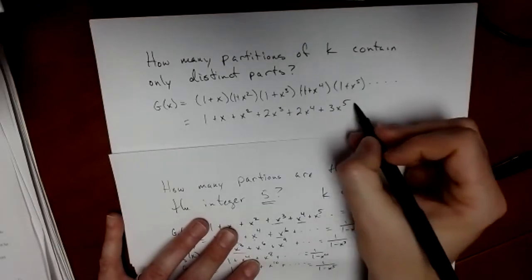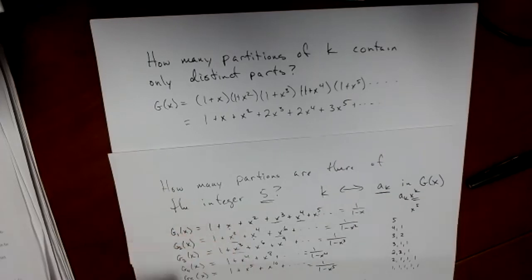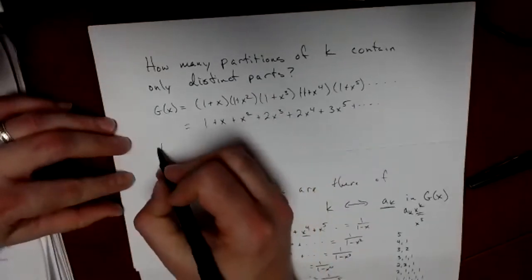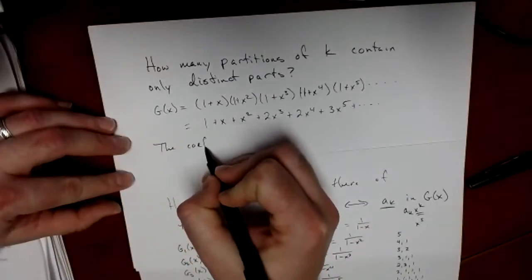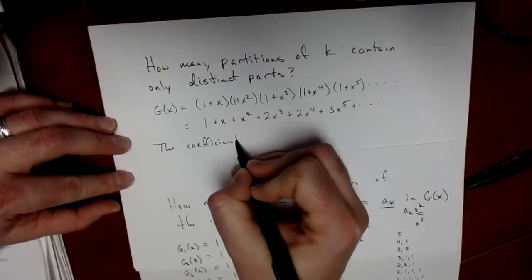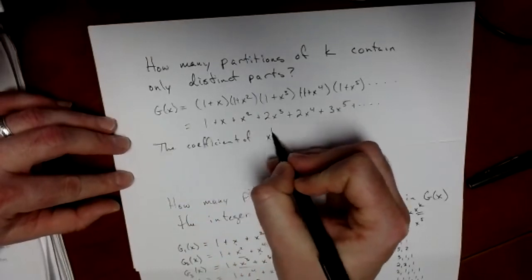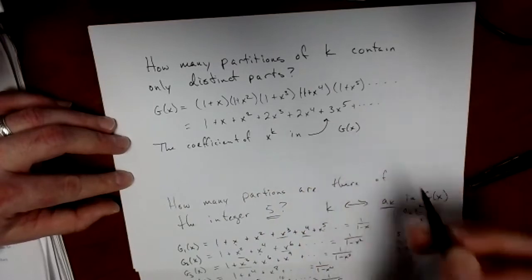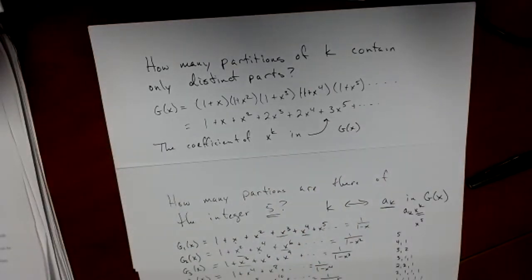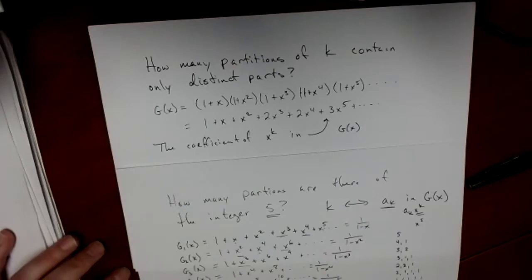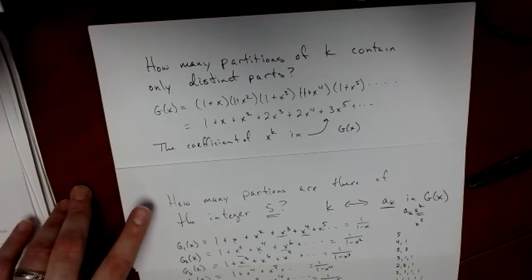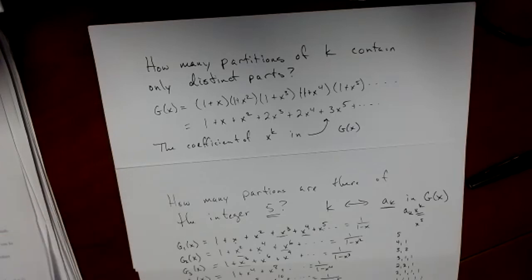So the answer to that question is the coefficient of X to the K in that G of X. And that's really all we can say. We don't have a nice prediction of what that coefficient is going to be. There's nothing that we have right now that gives us a nice formula for that.